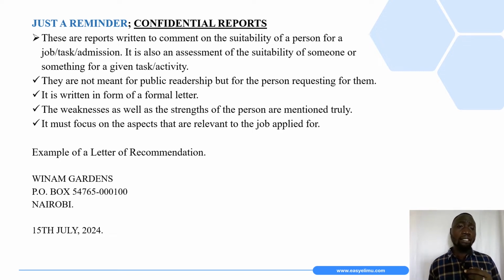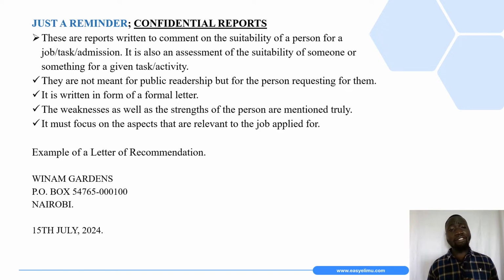Talking about confidential reports, also known as reference letters, these are reports written to comment on the suitability of a person for a job, task, or admission. It is also an assessment of the suitability of someone or something for a given task or activity. They are not meant for public readership, but for the person requesting them.